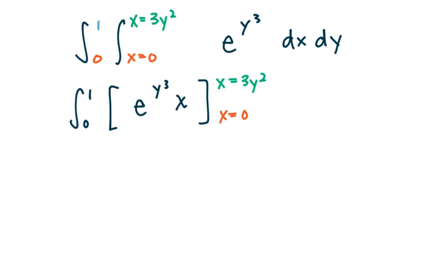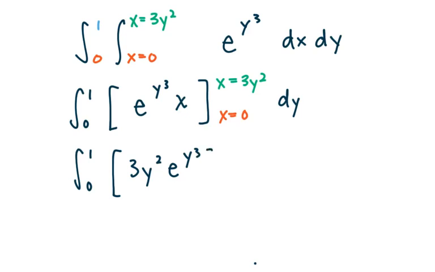Once we plug those in for x, then we'll be able to integrate with respect to y after we simplify. So 3y squared goes in here. 0 is going to go in, and 0 times anything is going to zero that term out. So we have the integral from 0 to 1 of 3y squared e to the y cubed dy.